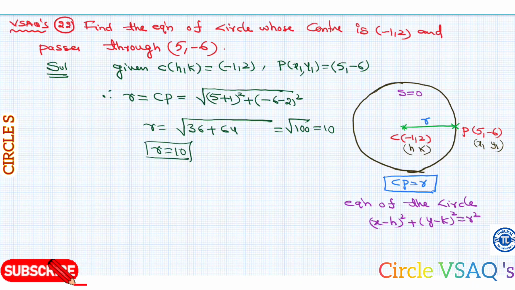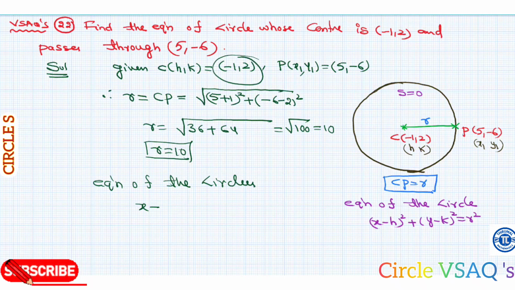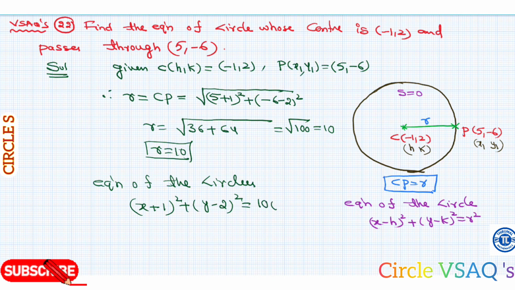Now write the equation of the circle using the equation of the circle formula. So x minus h, the value of h is -1, so minus into minus is plus 1, whole square plus (y minus 2) whole square equal to r square, which is 100.